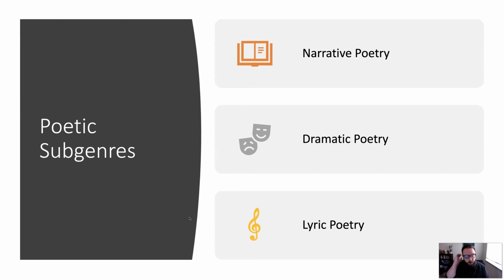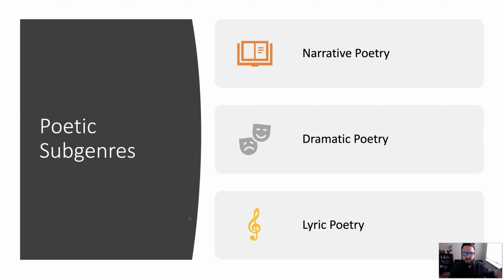As far as poetic subgenres are concerned, there are 3 primary ones that we are going to be looking at. We'll be looking at narrative poetry, and this is poetry that tells a story. It has a narrative to it. This is primarily something that we see with a lot of epic poetry, like the Odyssey, the Iliad, Edmund Spenser's Faerie Queene, Beowulf. These are long, lengthy poems that tell us a story.